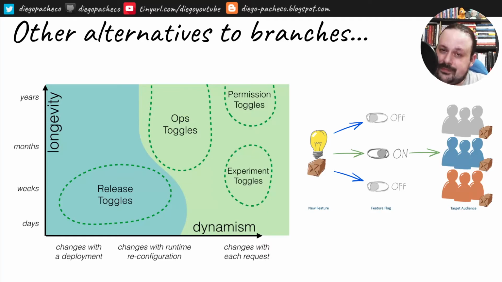So now, let's talk about alternatives to branches, all right? What high-throughput DevOps teams do is work with forms of toggles. You might have operational toggles, permission toggles, experiment toggles, and release toggles, right? And basically that's one way to do it. Another way might be using abstractions, right?